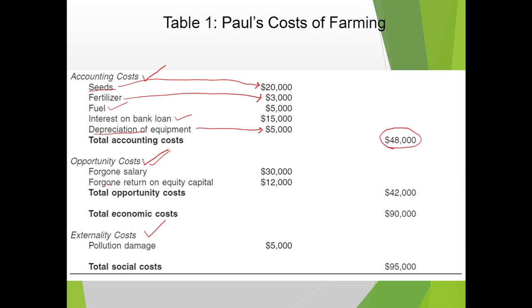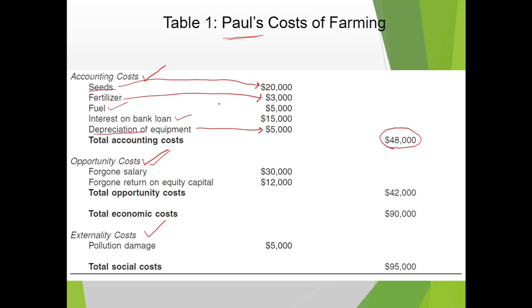Opportunity cost is very different from accounting cost. Opportunity cost is the next best alternative's benefit foregone. I will explain what I just said with the example. See, Paul is a farmer and he is performing farming.